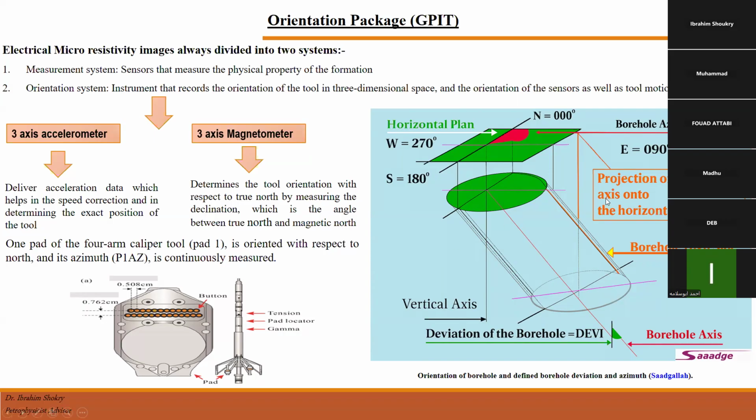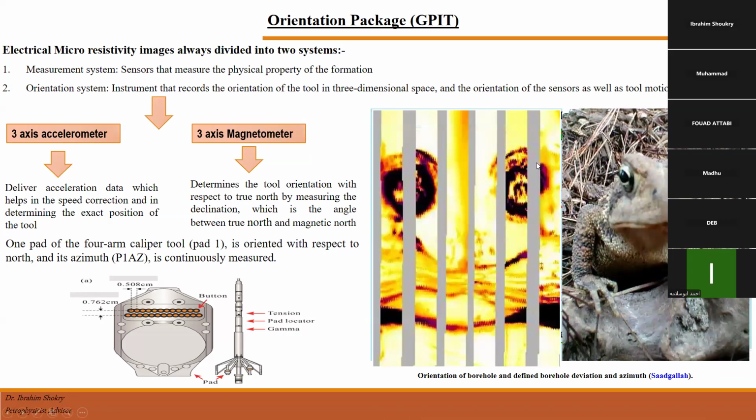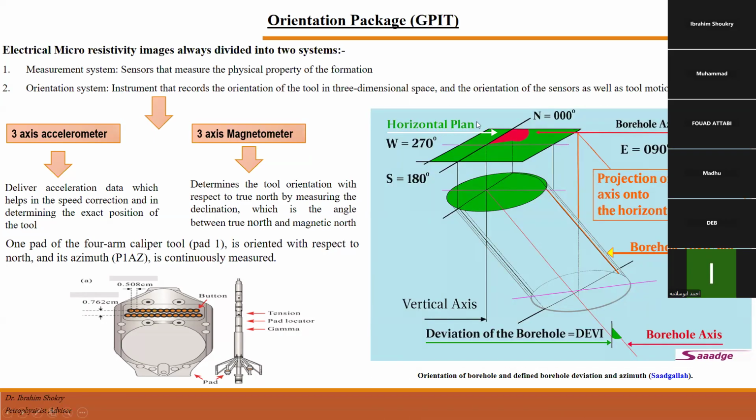The first system is the measurement system, which measures the physical property of the formation, while the second system, or second package, is the orientation system.